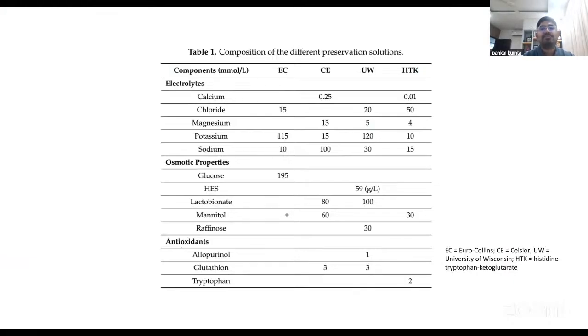So if you have a quick comparison of these, if you look at the urocolins, the Celsior, typically Celsior is an extracellular fluid and it is generally used for lung transplantation, at least in our unit here.